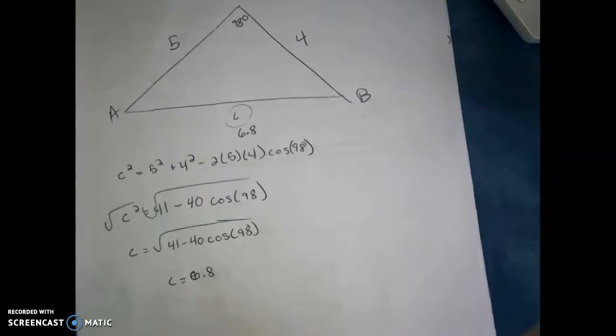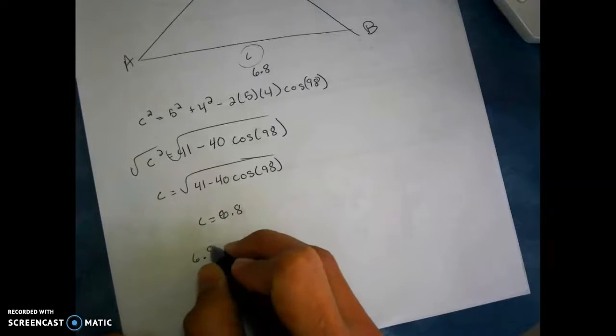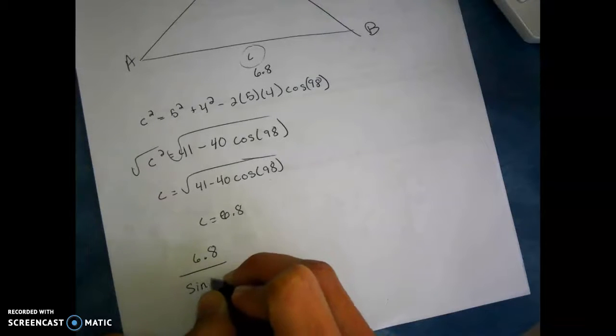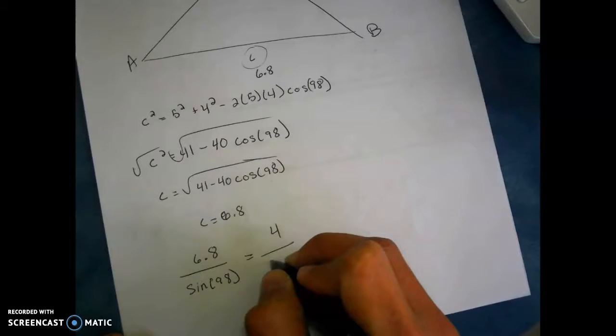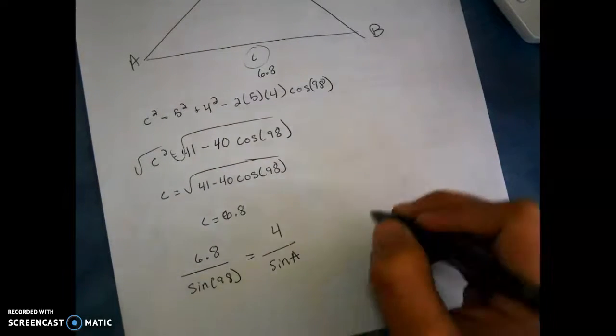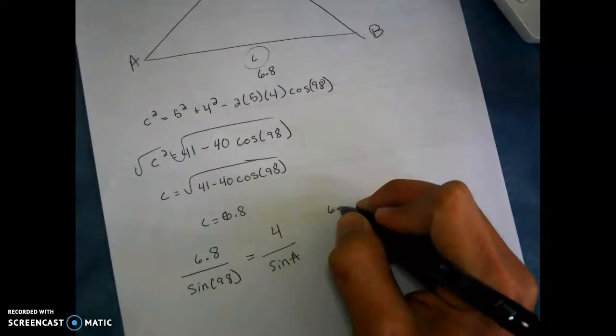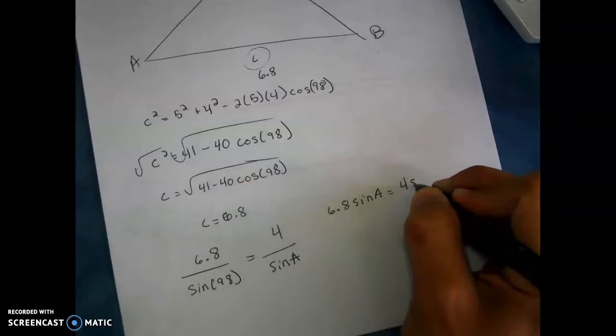Now I can use the law of sines. So I'm going to have 6.8 over sine of 98. And we're trying to solve for angle A here, so I'm going to do 4 over sine of A. Awesome, I'm going to cross multiply here. So I get 6.8 times the sine of A is equal to 4 times the sine of 98.